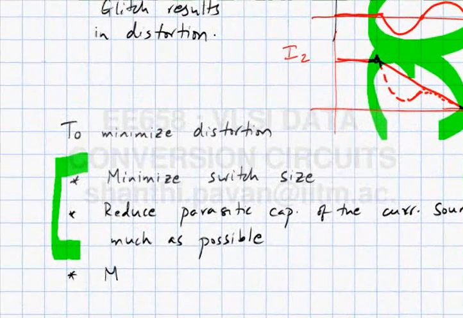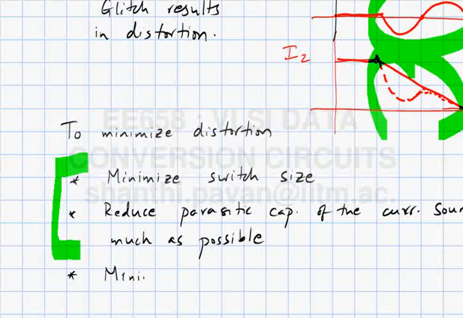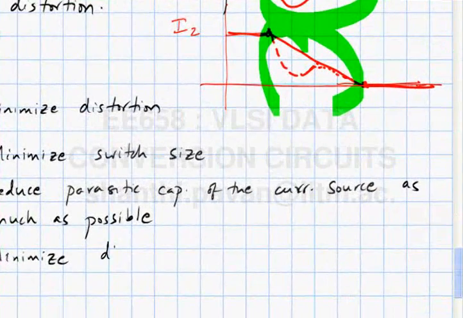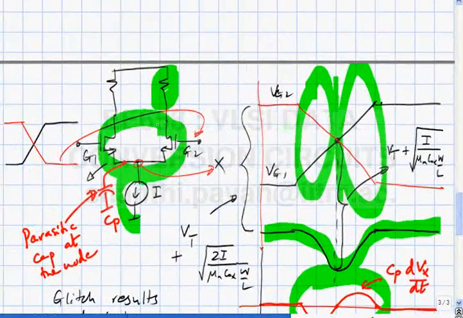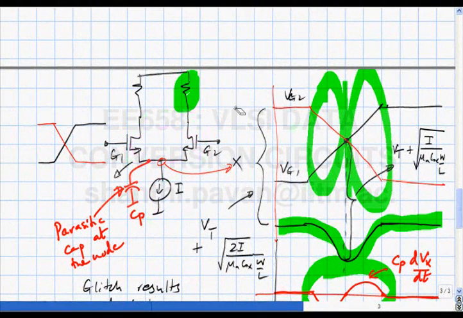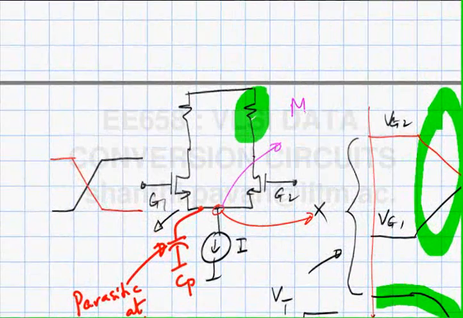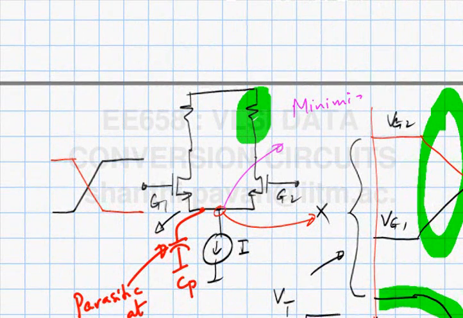The third one is to minimize dVx by dt. In other words, while switching, what you want to do is to minimize voltage variation at this node.